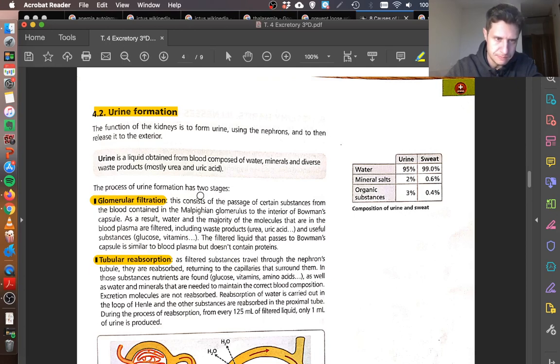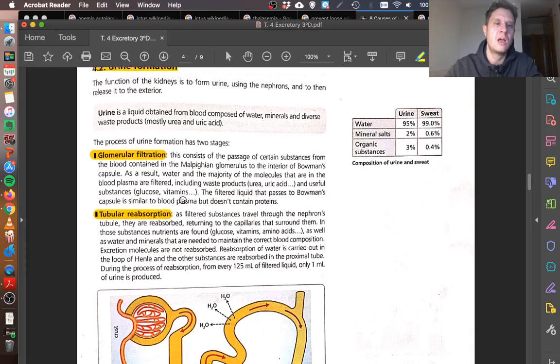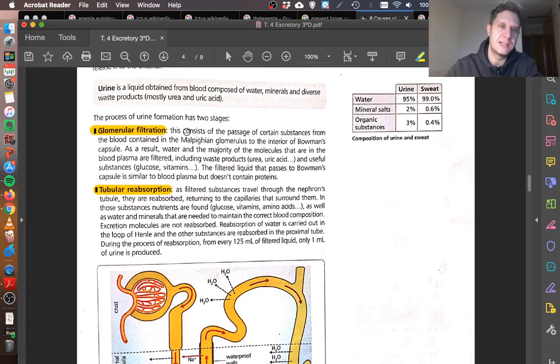Has two stages. Glomerular filtration consists of the passage of certain substances from the blood contained in the Malpighian glomerulus to the interior of the Bowman's capsule. We have the arteriole from the Malpighian glomerulus, and the Bowman's capsule is part of the nephron.